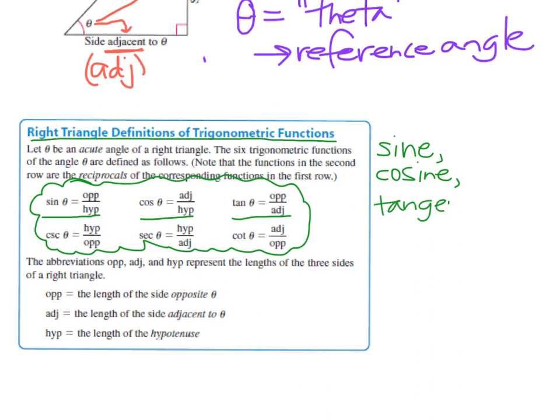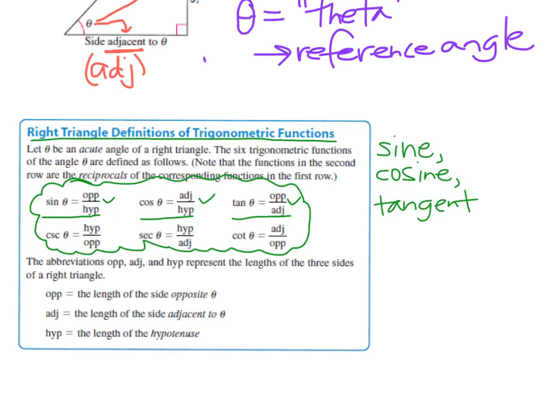We just abbreviate them to make things simple. Notice all three of them compare two different side lengths on that right triangle. Sine compares opposite and hypotenuse, cosine compares adjacent and hypotenuse, and tangent compares opposite and adjacent.